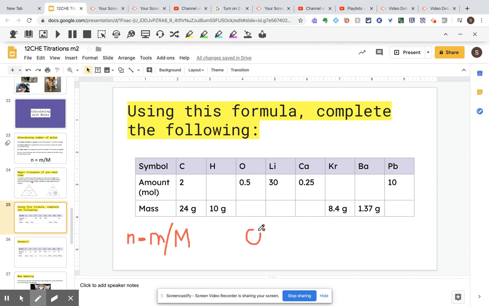So my number of moles, 0.5, multiplied by my molar mass, which is 16. That is not 16, gives me 8 grams. Sorry, 8 grams, not moles. So that means that mass is equal to number of moles times molar mass.